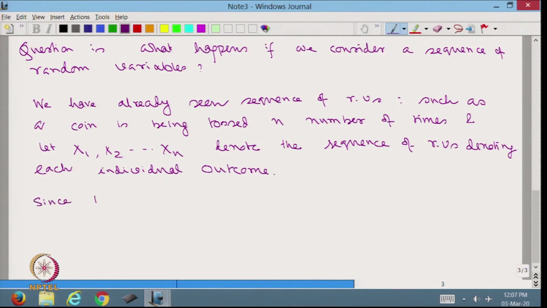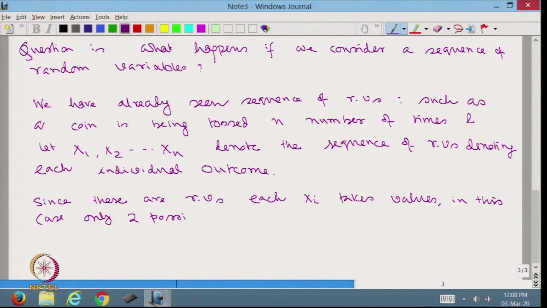Since these are random variables, each x i takes values, in this case only two possible values, namely 0 and 1, each with certain probabilities.